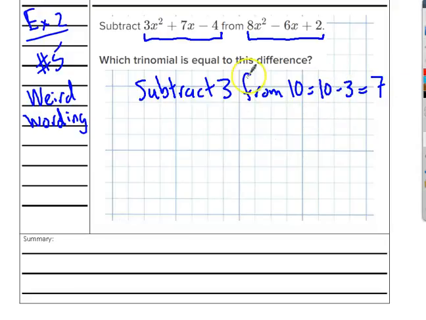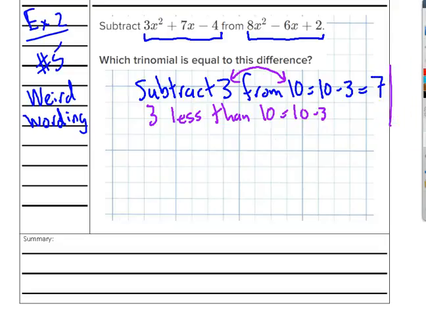And if you look at that, you'll notice that here the 3 comes first, and here the 3 comes last. So in this kind of wording, you have to change the order so that the first term comes last when you translate it into an expression. That's also true of less than. 3 less than 10 is also, you have to switch the order.